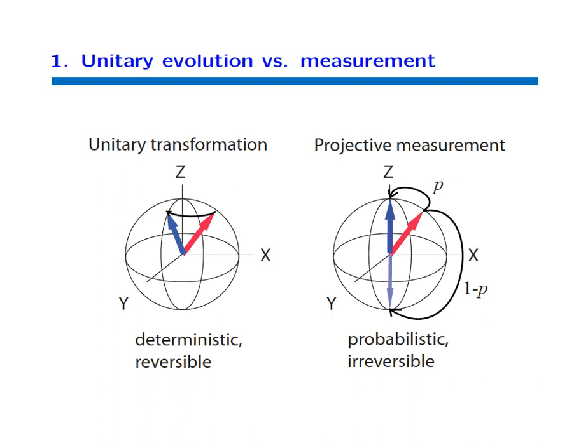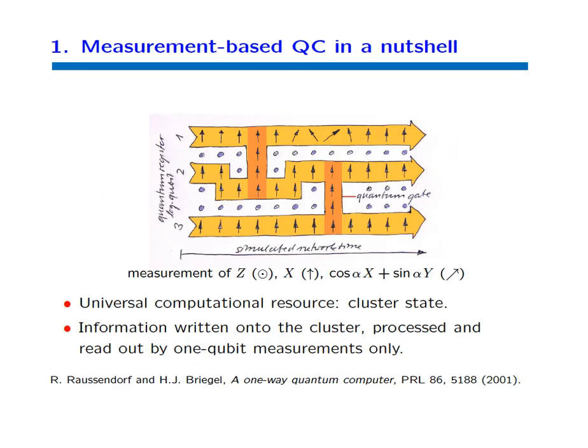So, after this tiny discussion of quantum mechanics, let's move on to measurement-based quantum computation. So there's actually a lot to say on this slide. So let's say the most important things first. What you have here, in the middle of this picture, is a cluster state. It's a highly entangled state of many particles, and we discussed some of those aspects at the beginning of this lecture.